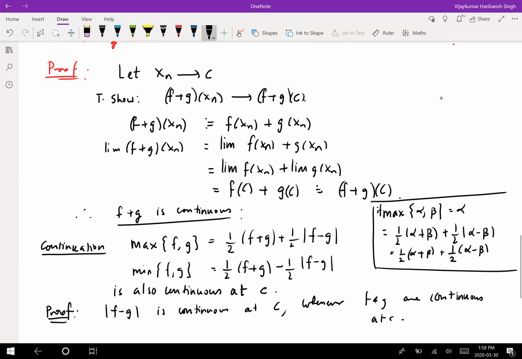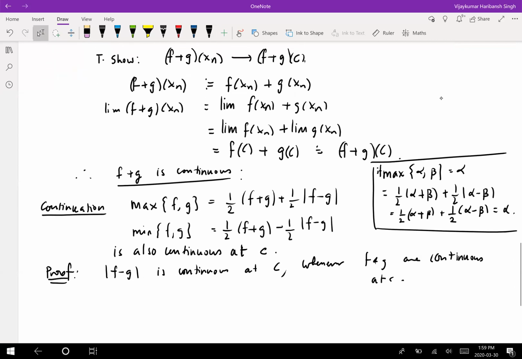And then when you add this up, beta disappears. You have 2 alpha by 2, which is going to be alpha. Similarly, if this was beta, then things would be exactly symmetric, and you will have beta minus alpha, and the alpha would disappear and you'll get beta. So similarly, you can show for the minimum as well that minimum of f comma g is half f plus g minus half of absolute value of f minus g.